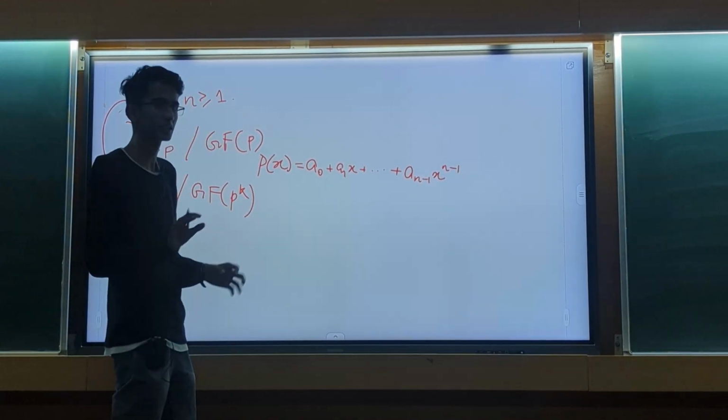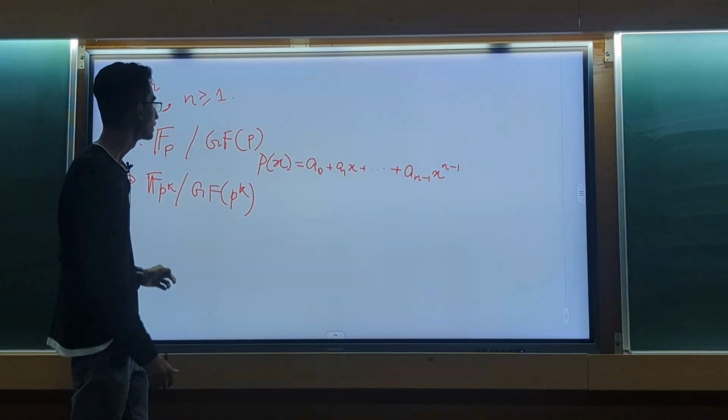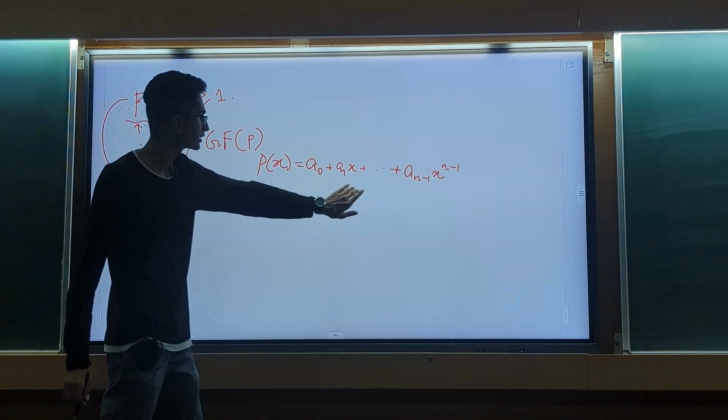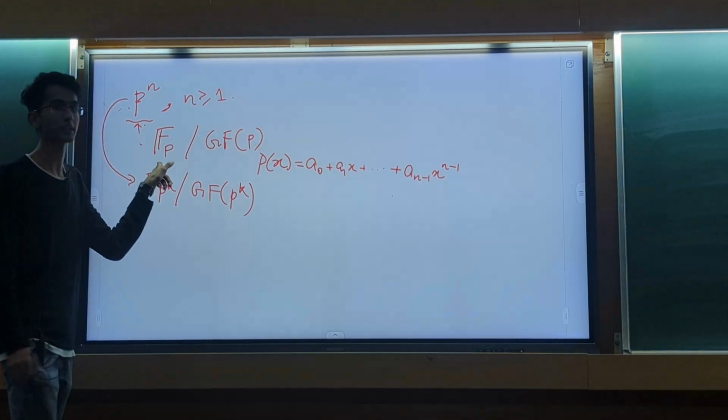So the degree is just less than n, it could be lower than n minus 1 also, okay? And these a0, a1, and so on are actually elements of F_p.